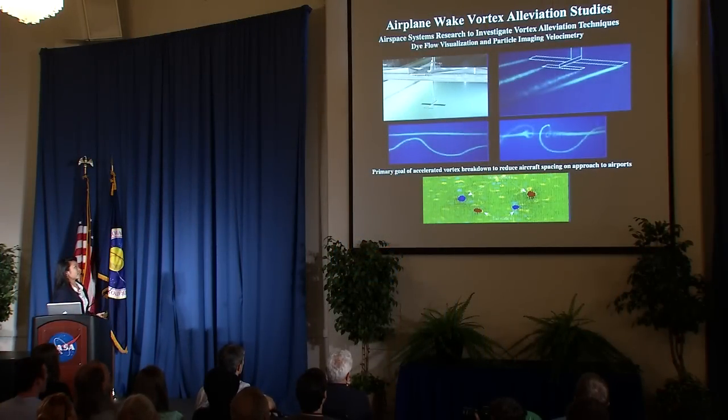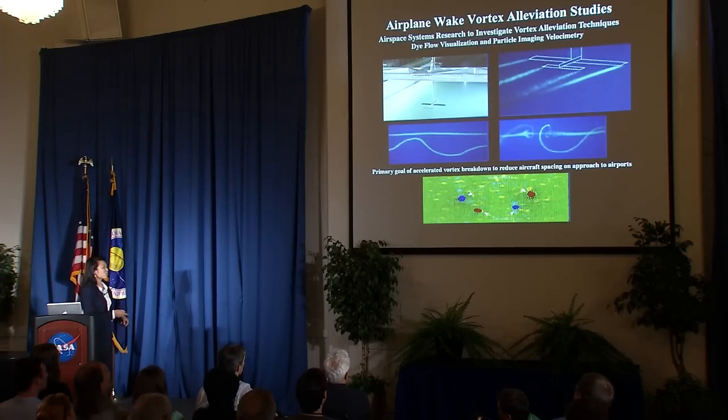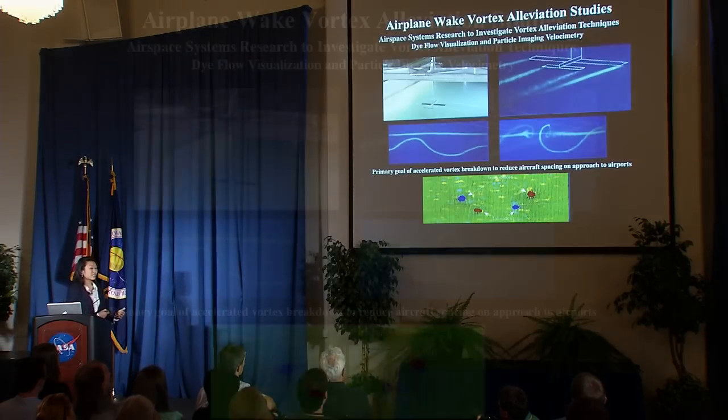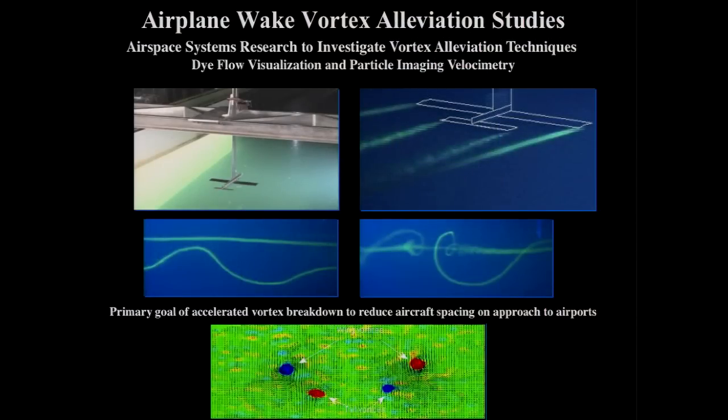Here, we studied wingtip vortices and how to alleviate them using vortices coming off the tail, right here. So if one vortex is coming off the wingtip going one direction, what if we had another vortex going in a different direction coming off the tail and basically canceling each other out? This did work, but the plane configuration was just not a viable configuration to fly, but it did prove that it worked.